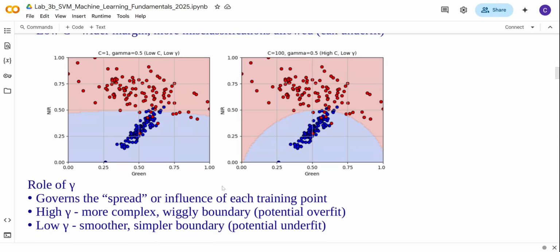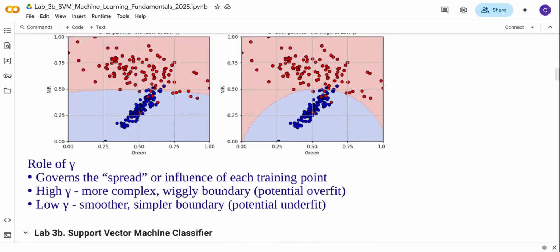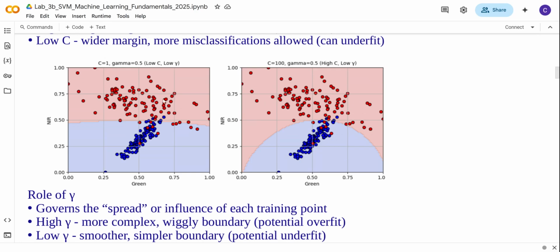What is important to take into account is that for support vector machines, we have these two important hyperparameters. The regularization parameter C determines how strict or flexible the decision boundary is, and gamma affects how much a single data point impacts the classification.